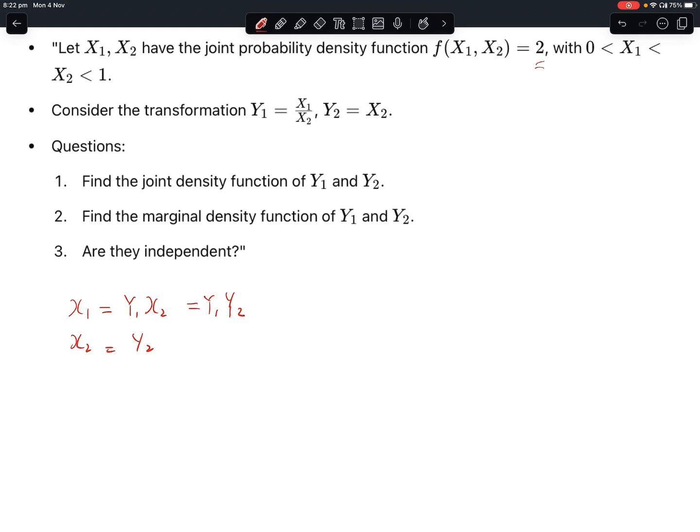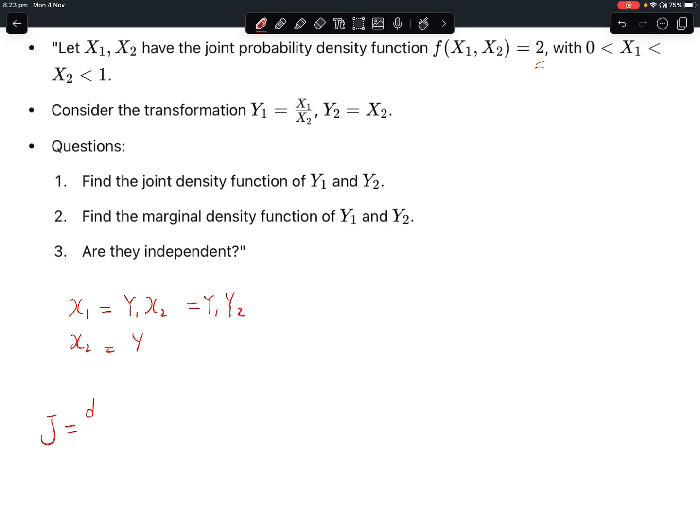Now, to properly transform a joint density function, we need to calculate the Jacobian. Determining the Jacobian allows us to adjust for the change in the variables, ensuring the transformation is accurate. So how do we calculate this?